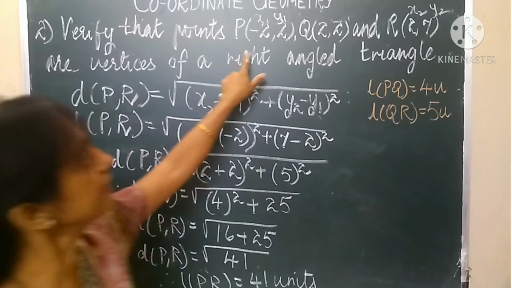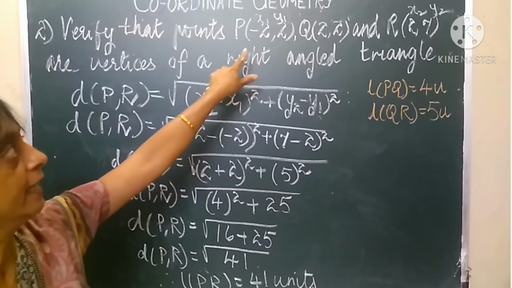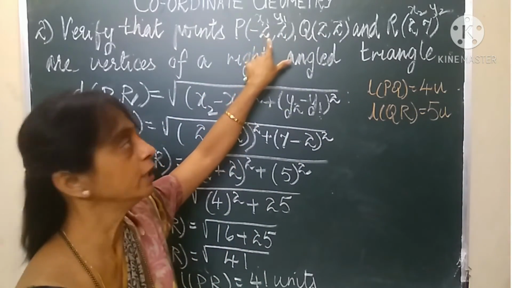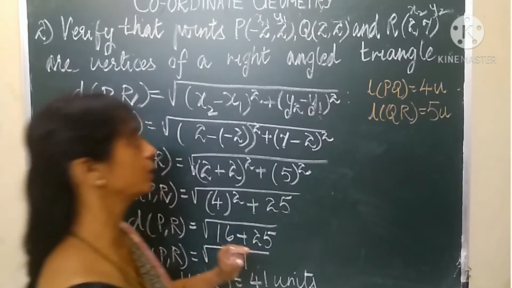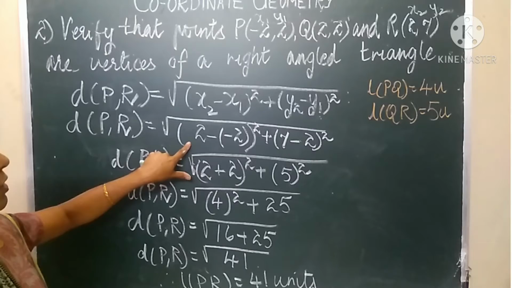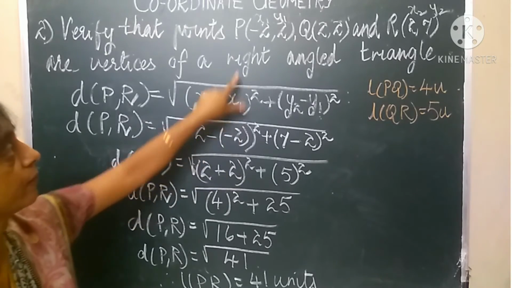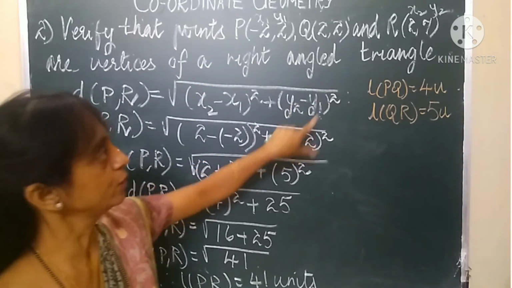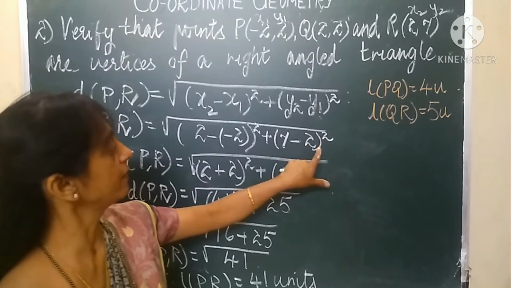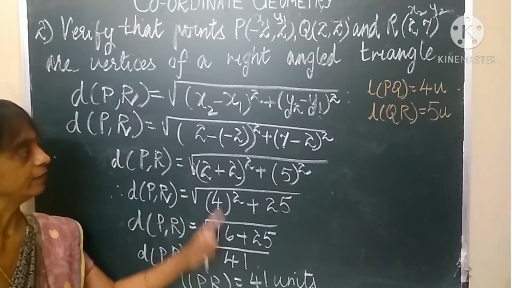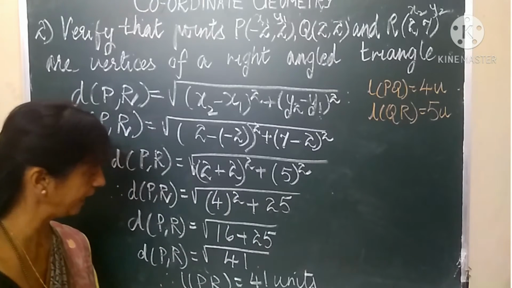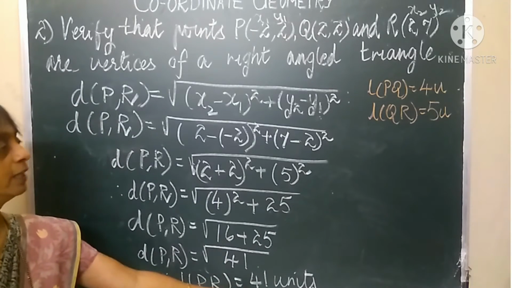We found out distance PR by assigning x1, y1 to the coordinates of P and x2, y2 to the coordinates of R. So x2 minus x1 plus y2, that is 7, minus y1, that is 2. We moved on with the calculations and ultimately we reached the value of length PR as root 41 units.